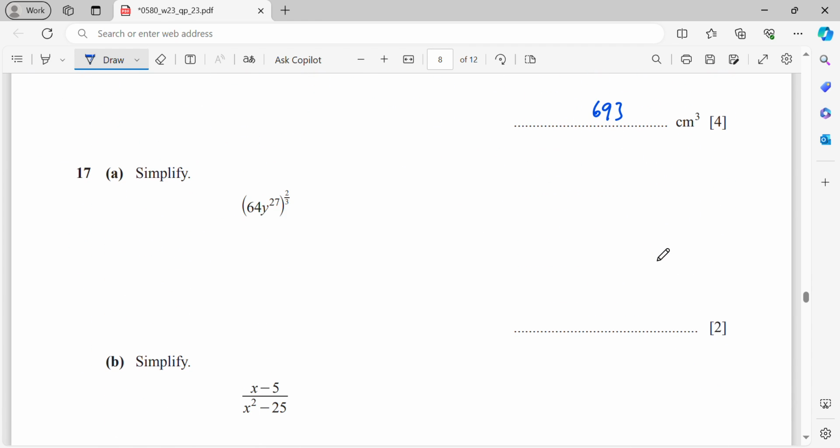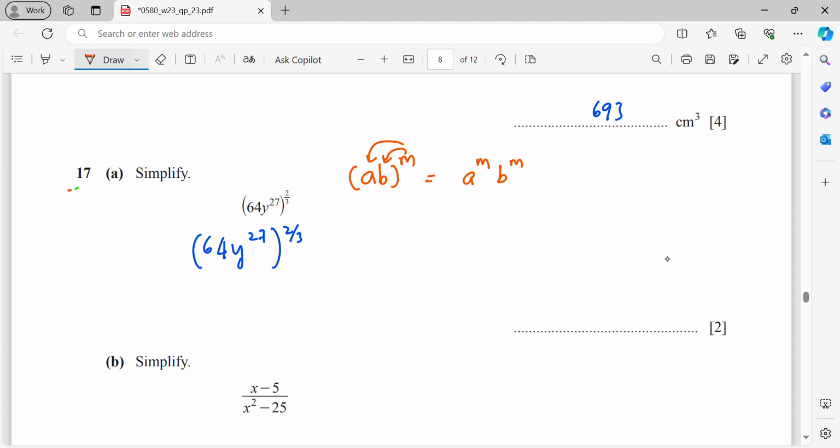Now for question 17a, simplify this term: 64y to the power of 27, and the whole term to the power of 2 over 3. We have a formula here: if you are given ab to the power of m, you can bring the m into the bracket, so it will be a to the power of m times b to the power of m.